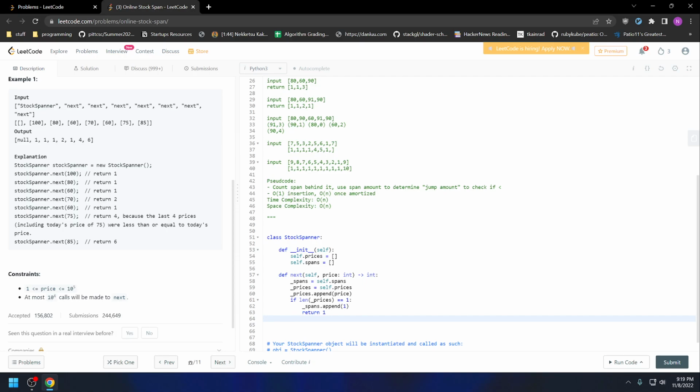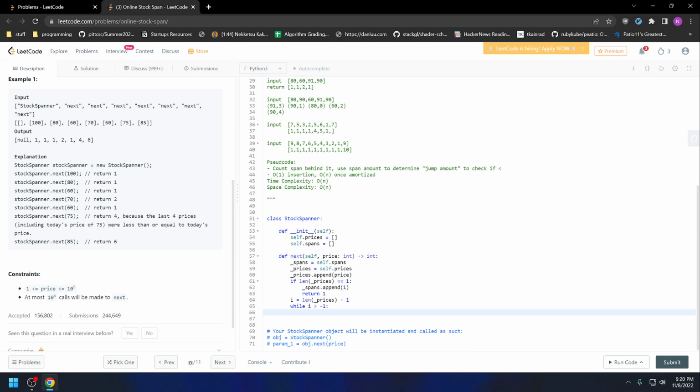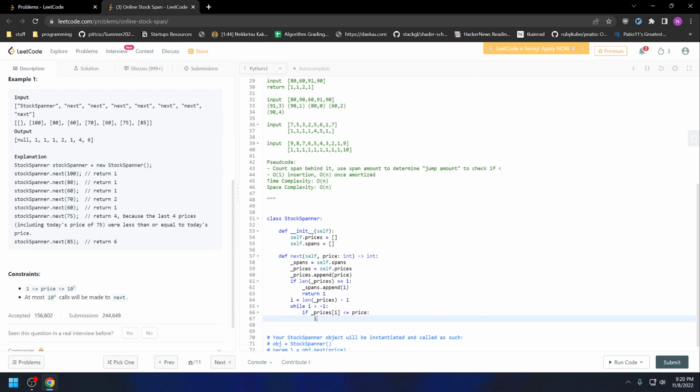Else, we are going to want to, length prices minus 1 while I greater than -1, if prices at I is less than or equal to price, span is equal to 1.